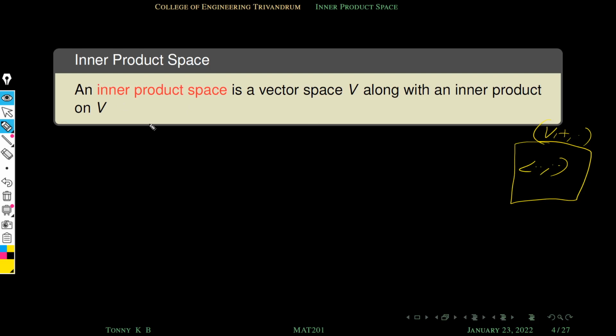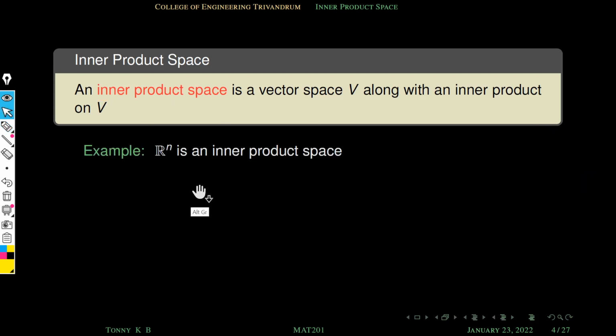So an inner product space contains 2 things: a vector space and an inner product on that vector space. It is clear that Rn is an inner product space, because we know that Rn is a vector space, and we have at least one inner product on Rn, the Euclidean inner product. So Rn is an inner product space.